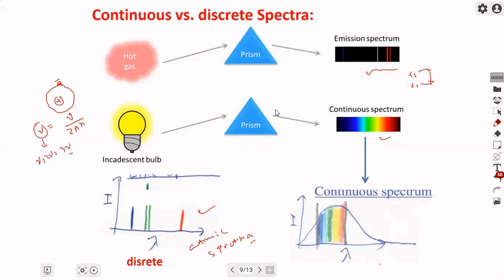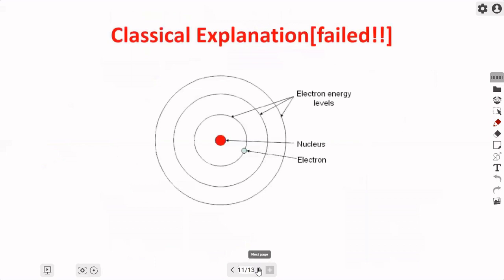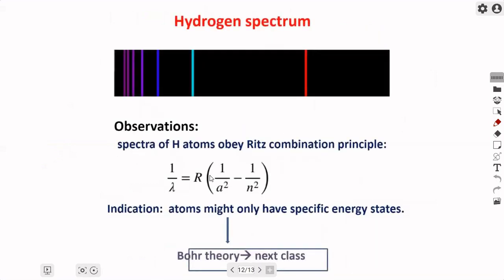But when we see the positions of the peaks, they actually follow a principle, here R is called the Rydberg constant. This is the wave number, and the wave number fits this formula, which explains the positions of these lines.